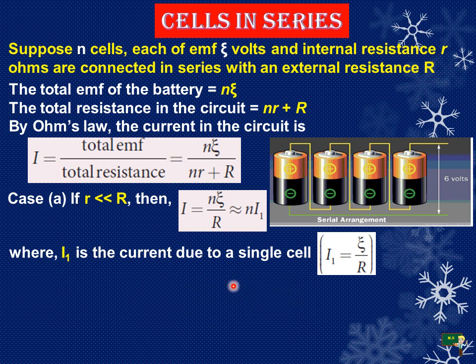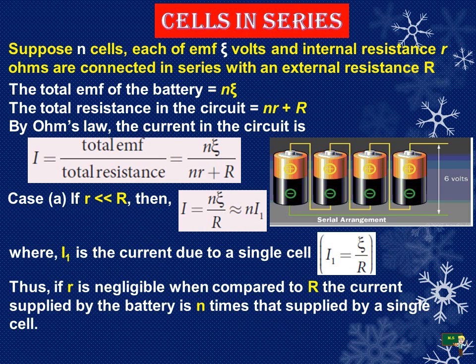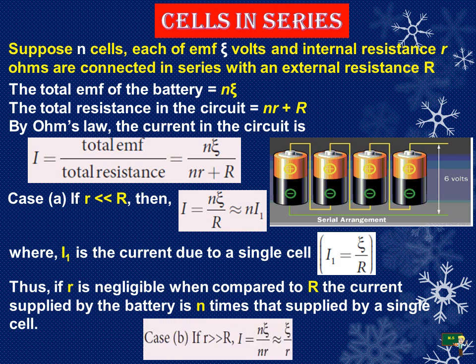Therefore I1 is equal to psi divided by R. Thus, if small r is negligible when compared to capital R, the current supplied by the battery is n times that supplied by a single cell.